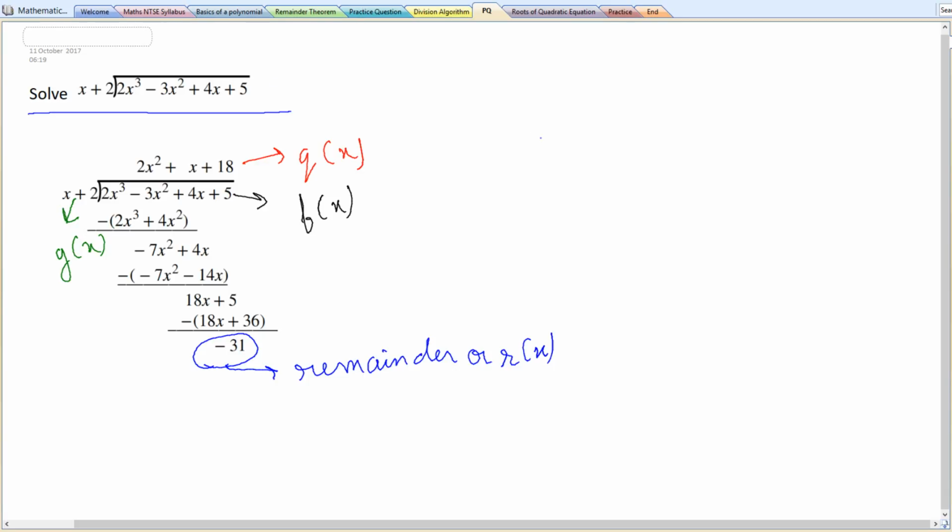Yes, Vani, you can use x is equal to minus 2 to get the remainder as well. So let's try, everyone, if we do that.